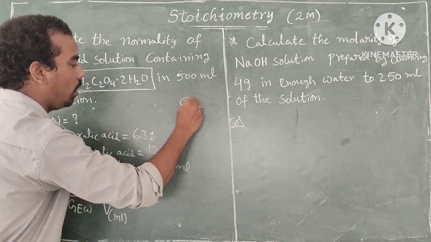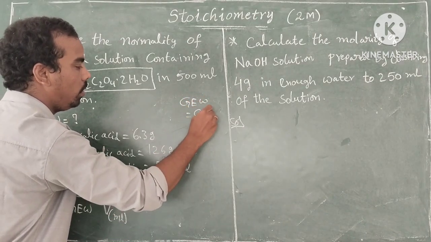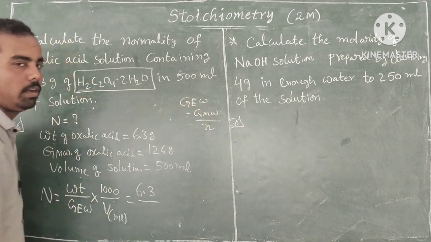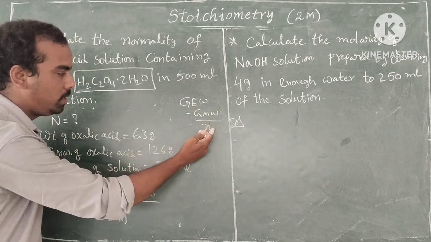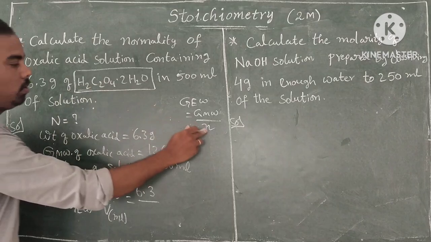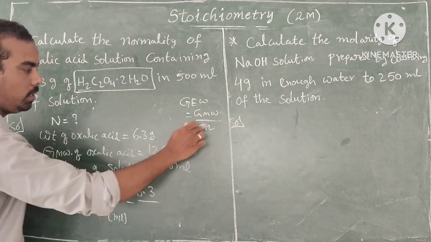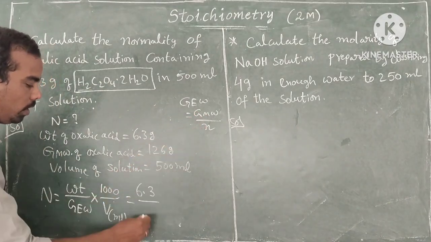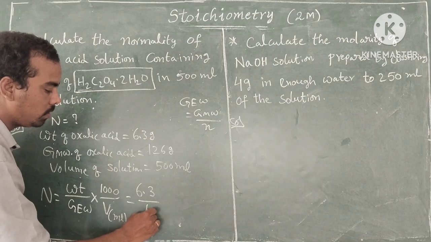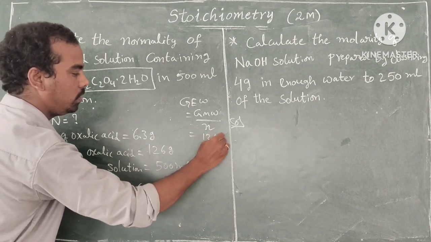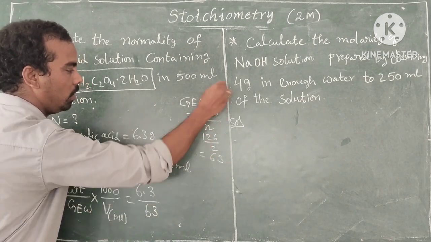Gram equivalent weight is equal to gram molecular weight by n factor. The n factor for acids is basicity, how many replaceable H plus ions there are: 2. So gram molecular weight is 126, n is 2, so 126 by 2, that is 63.